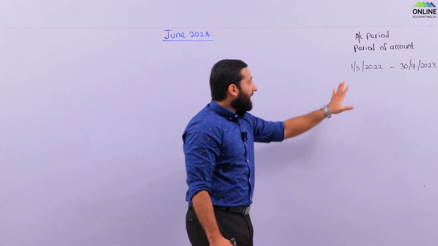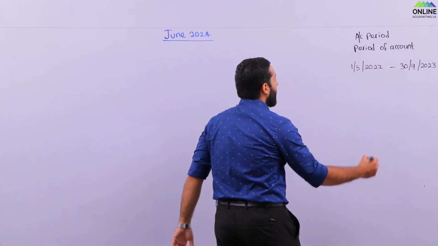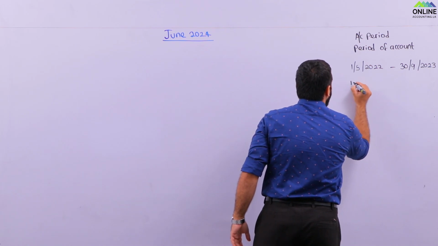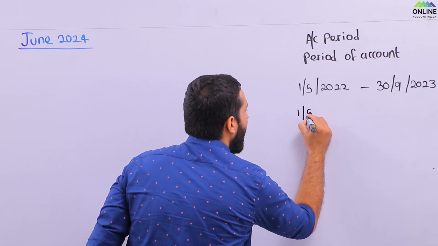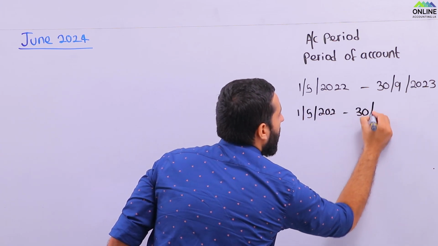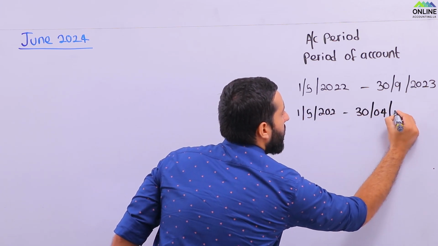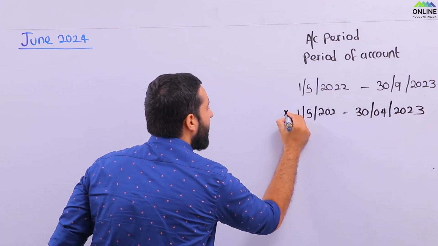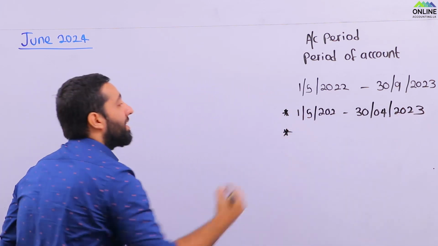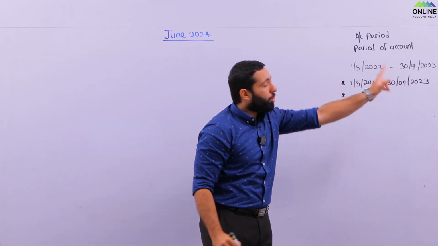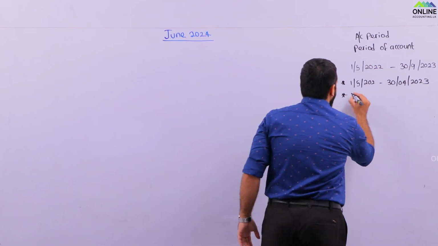In this period you can take the first 12 months, that is from 1st May 2022 to 30th April 2023. So this is one accounting period, and then the next one. What is the next accounting period? Yes, from May 2023 to September 2023.